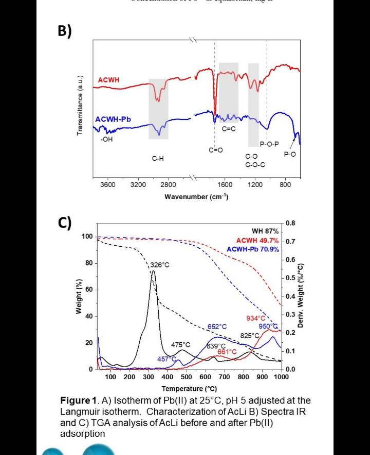The activated carbon exhibits two main degradation stages. 1. Loss of residual H3PO4 trapped in the pore structure at approximately 660 degrees Celsius. 2. Structural rearrangement of the carbon matrix above 900 degrees Celsius. After Pb2+ adsorption, a marked weight loss is observed at 950 degrees Celsius, attributed to the thermal decomposition of precipitated lead oxides and hydroxides on the carbon surface.